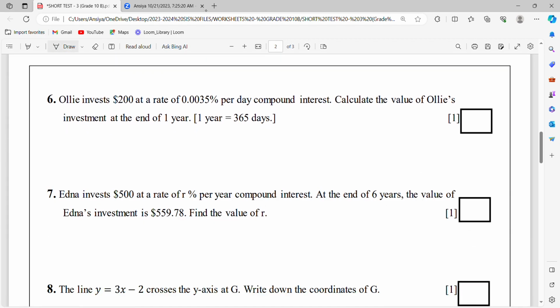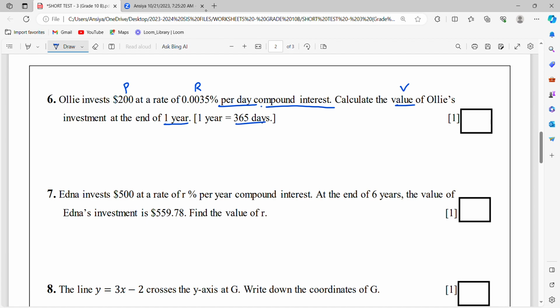Question number 6. Ollie invests $200 at a rate of 0.0035 per day compound interest. Calculate the value of Ollie's investment at the end of 1 year.